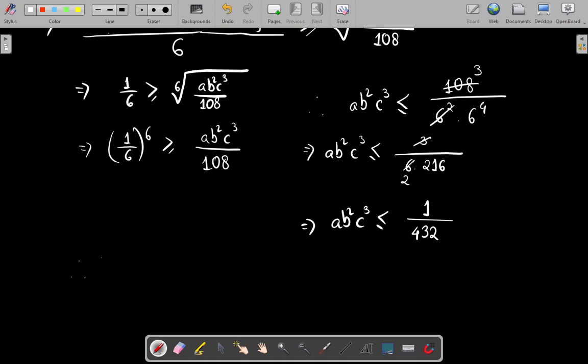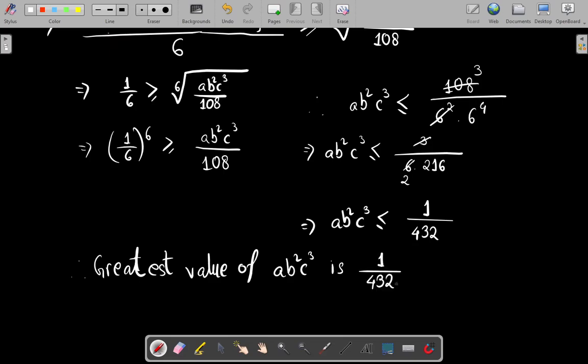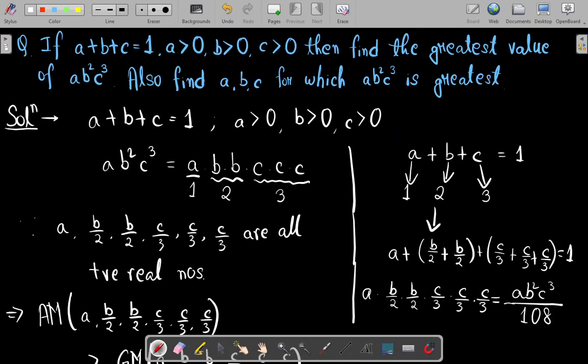Therefore the greatest value of ab²c³ is 1/432. This is the greatest possible value of ab²c³ when these are real numbers and a + b + c is 1.